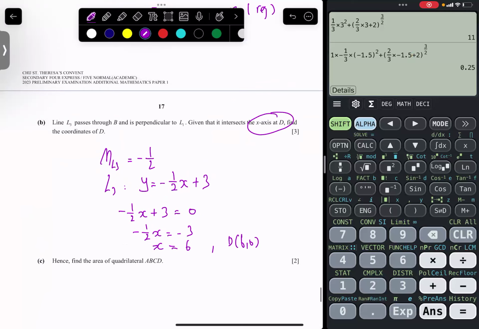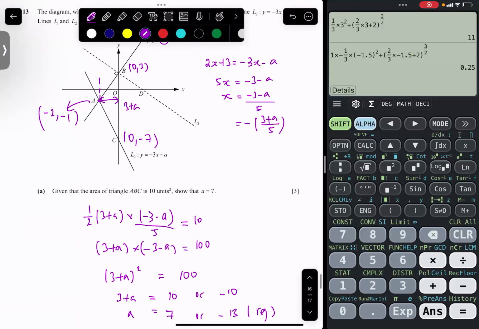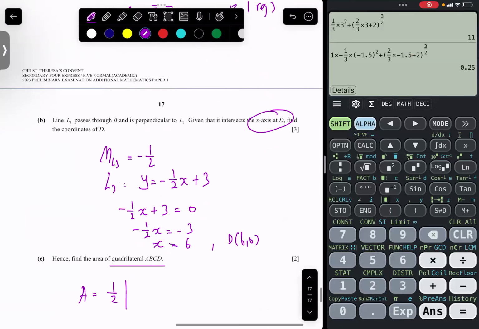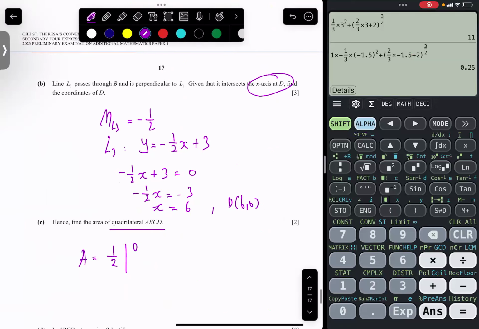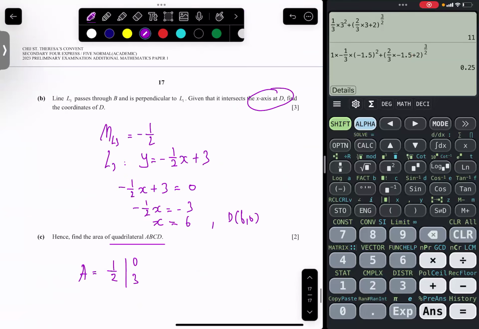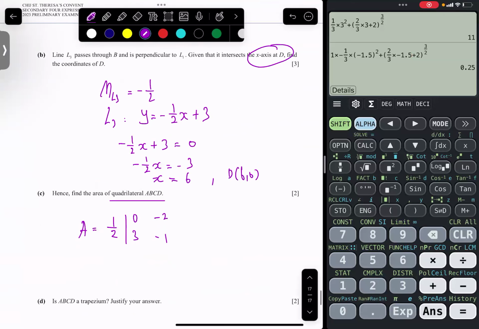Hence, find the area of the quadrilateral. Find area straight away, shoelace method. Area equals half bracket. Choose a starting point, A, B, C, D. B could be a good starting point because it has a 0. So (0, 3), go anti-clockwise, there will be (-2, -1), followed by (0, -7), followed by (6, 0), (0, 3).